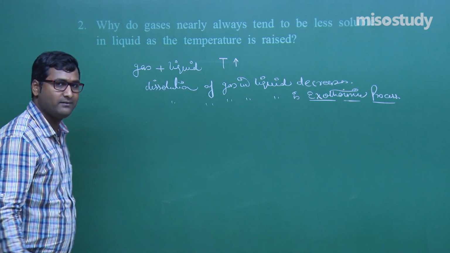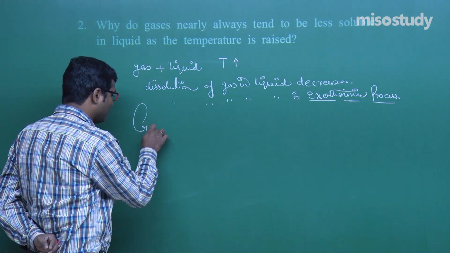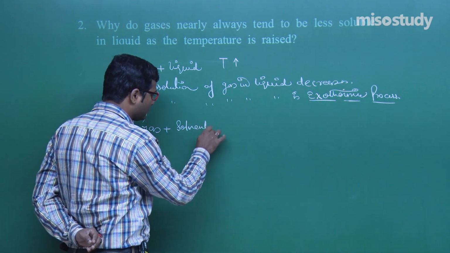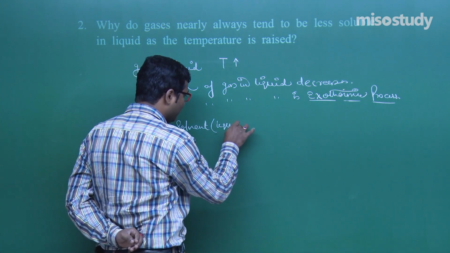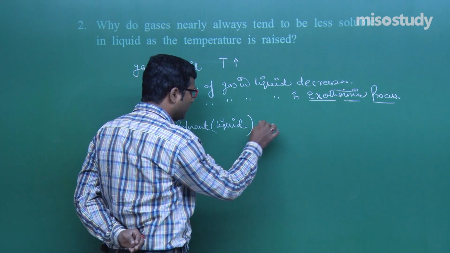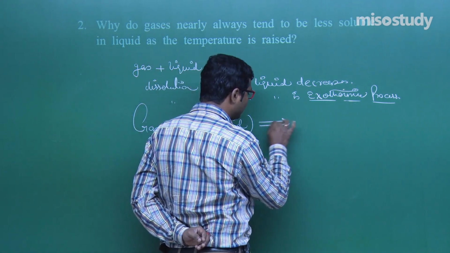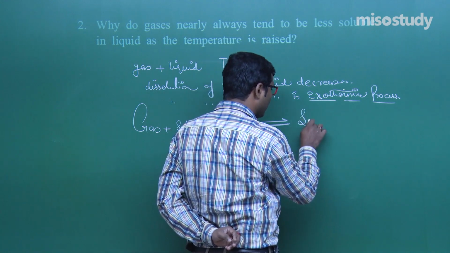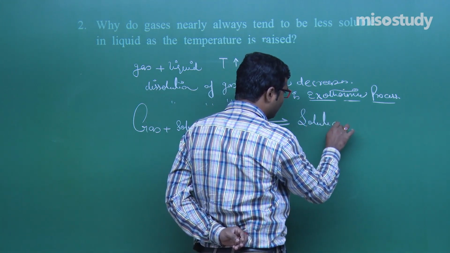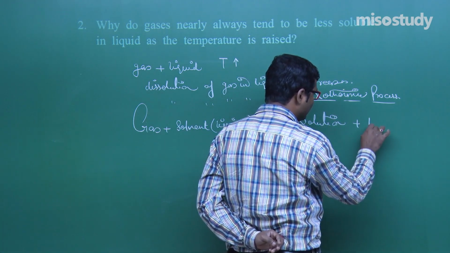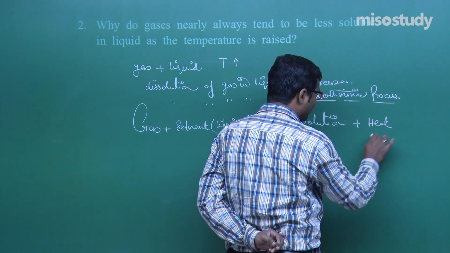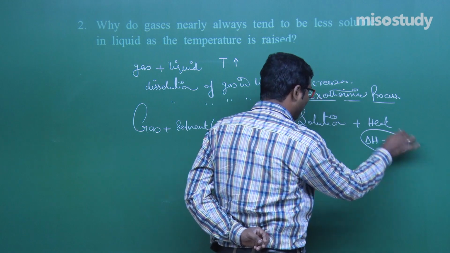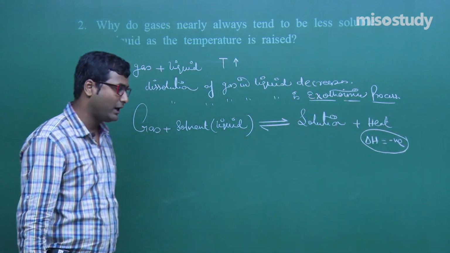That is given here, gas plus solvent. Solvent, that means to say there is liquid. Clear to you? Now it forms the solution, and during this process heat is generated. Delta H is negative here, exothermic process, and applying Le Chatelier principle, what do we know?